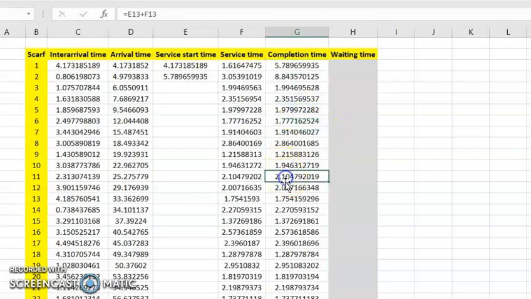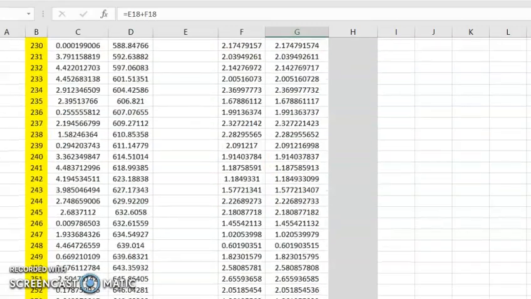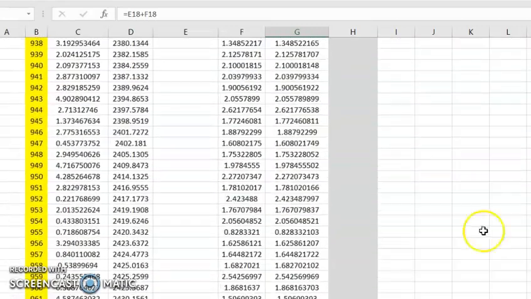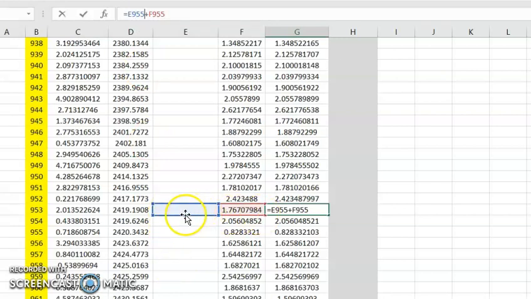For all of the cases that we have, I'm telling Excel to calculate the completion time, add up these two columns together. One of them is service start time, and the other one is service time. So service time plus service start time is that.